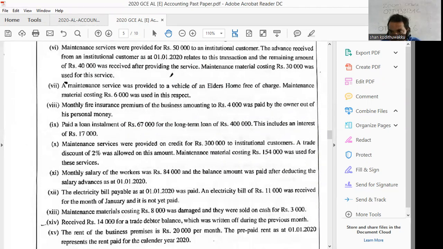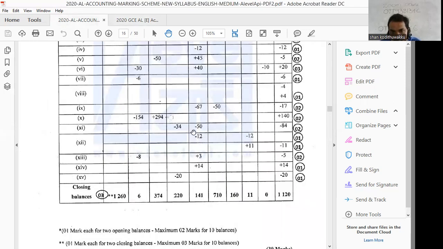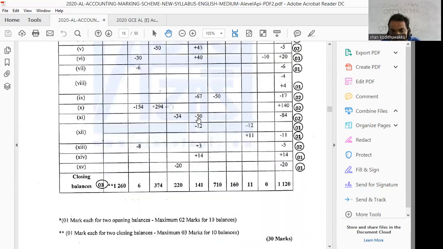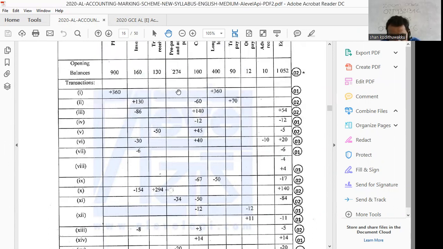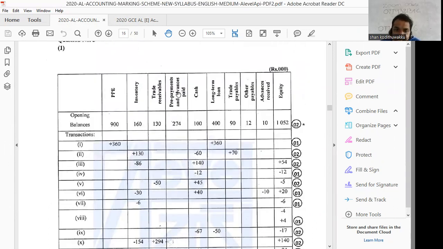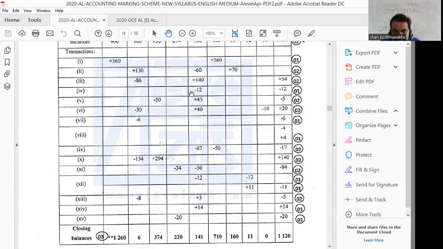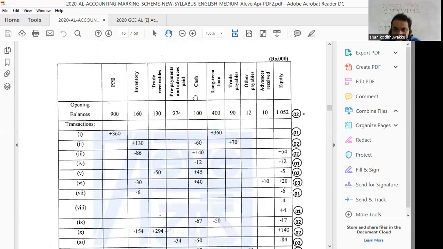So under cash, we put minus 50,000 because we had to pay only 50,000. Earlier, the business had paid 34,000 as salary advance. It is an asset for the business. Now they can set that off, minus 34,000 from salary advance. As they have paid only 50,000 now, minus 50,000 under cash.